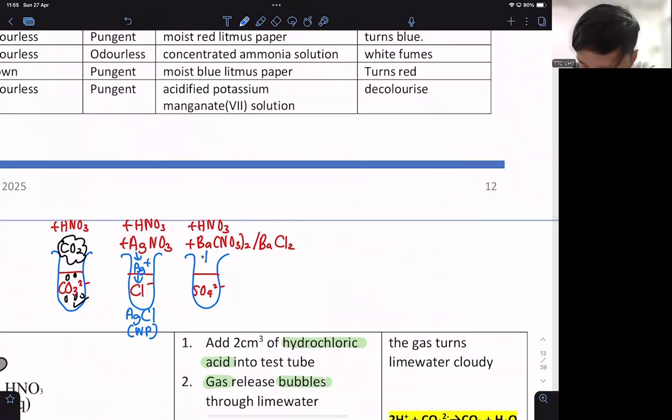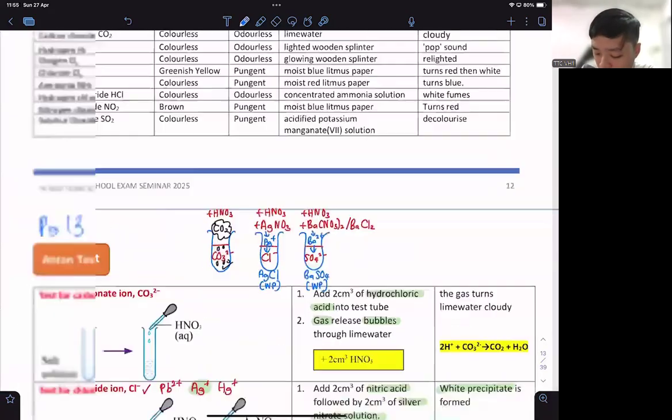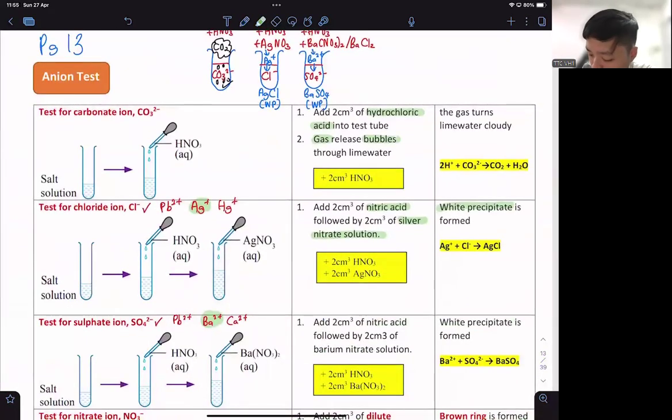The barium ion Ba2 plus goes and finds the sulfate ion to form BaSO4, which is also a white precipitate. So same thing: you add nitric acid, then barium nitrate, and you form a white precipitate.